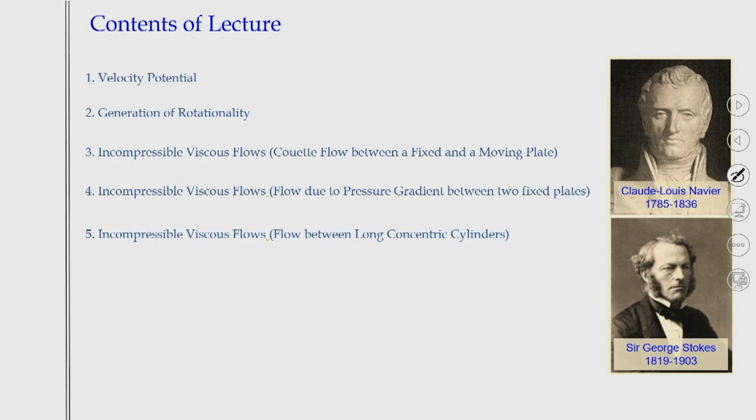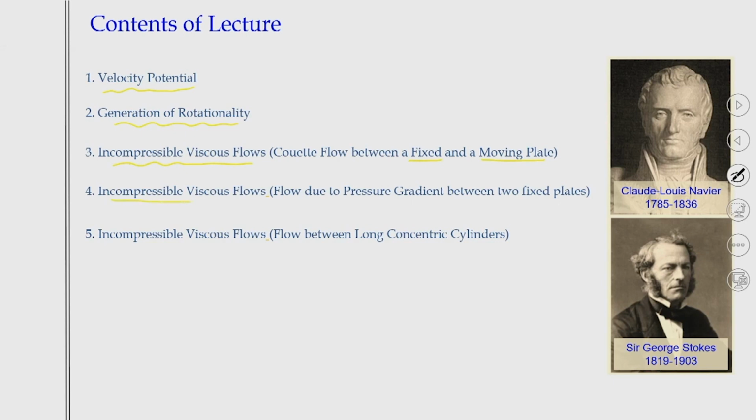Basically, we are going to introduce velocity potentials. I will discuss more details, and very interesting things like generation of rotationality. Then we will look at simple solutions for incompressible viscous flow between a fixed and a moving plate.